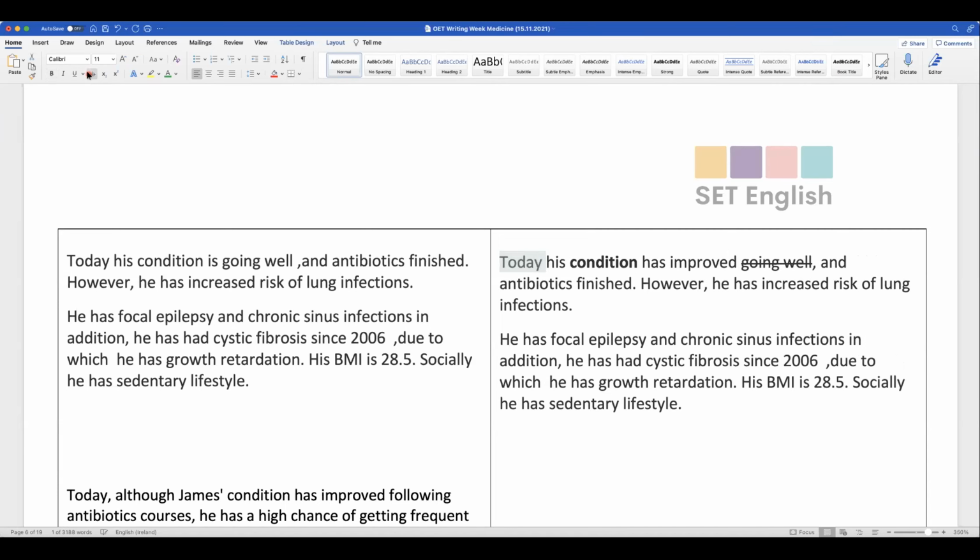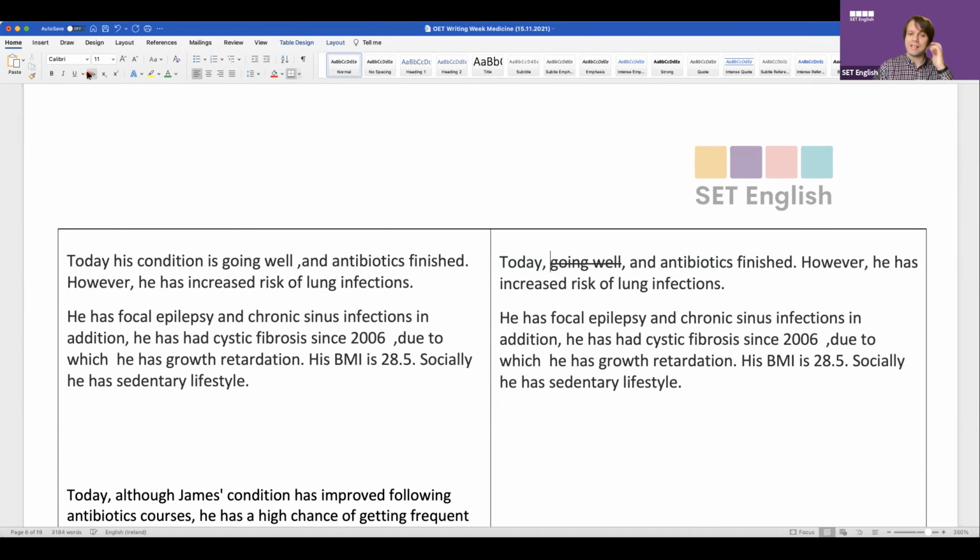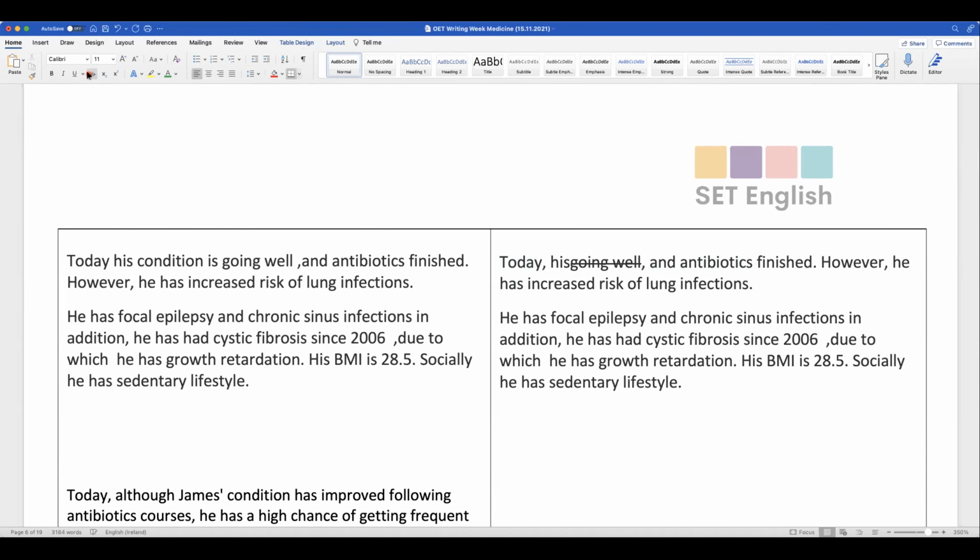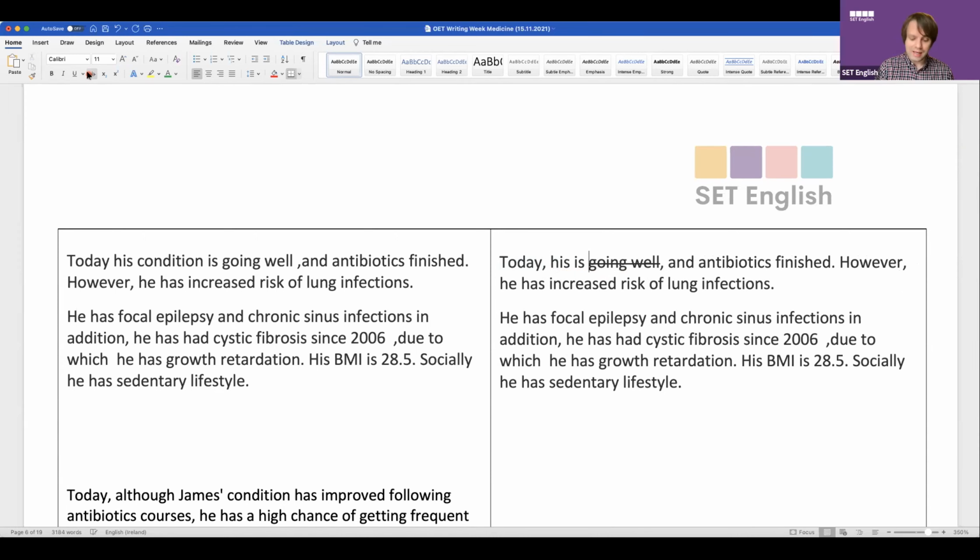It's not wrong. It's just that it means that it all happened in one day, right? So why don't we just stick with is improving recently. What's the most natural thing to say with today? Today, his condition improved. Just past tense. I would say he's making good progress. Yeah, something like that. He is making good progress.